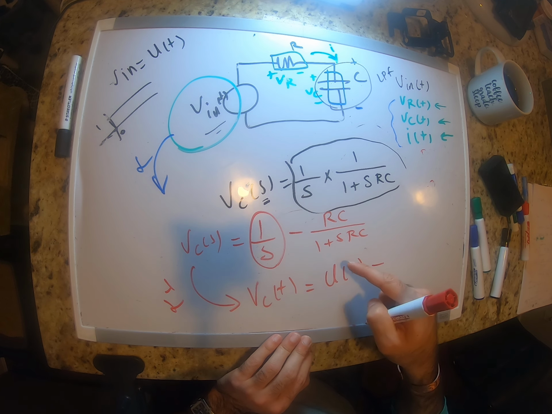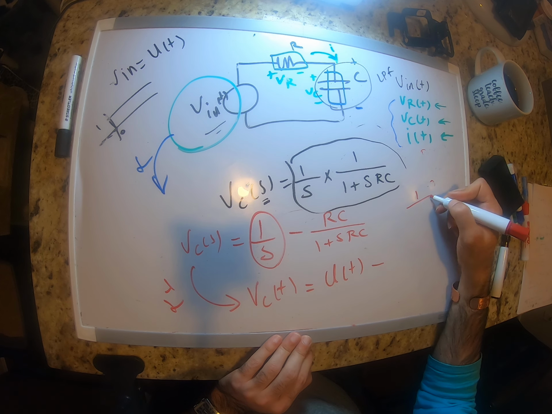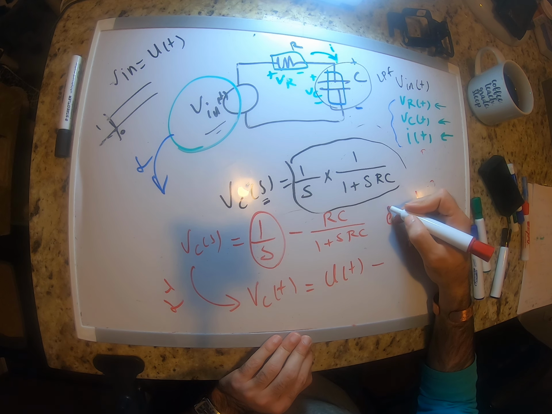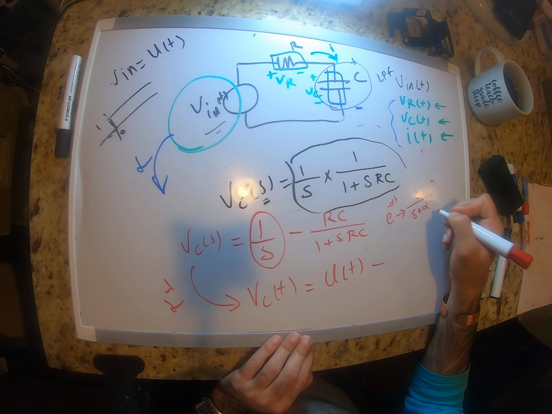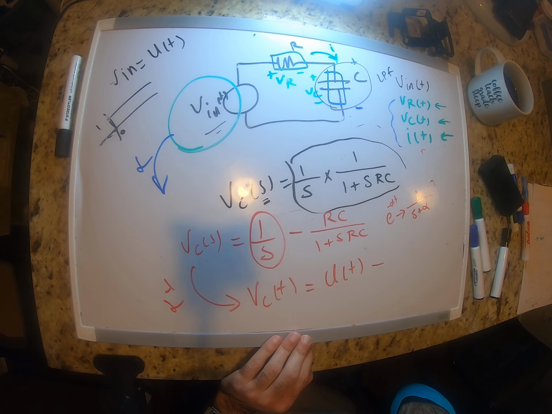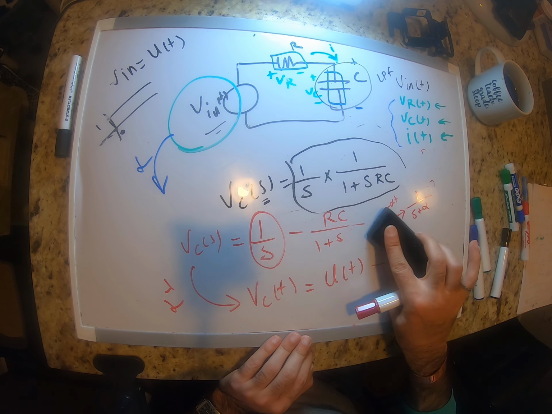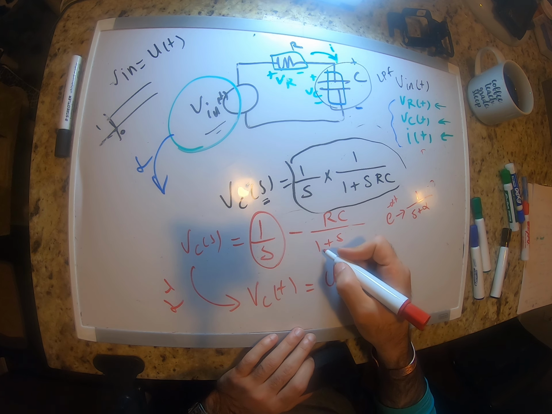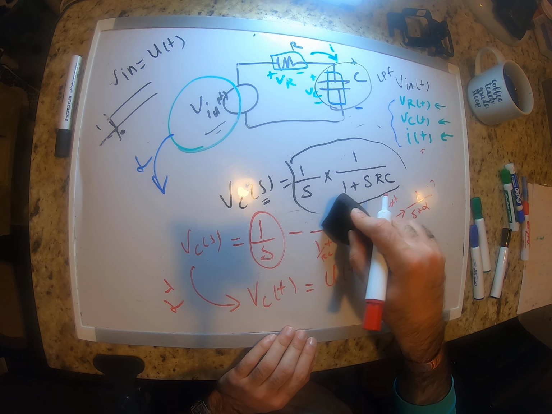And for this one, if you remember, this was e to the power negative alpha t. If you take the Laplace transform of that one, it would be 1 over s plus alpha, right? So actually, if I divide this by RC, this would be also 1.